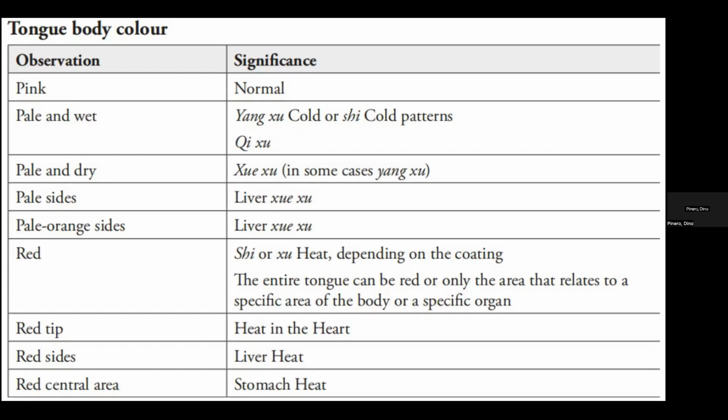Pag red yung color, we have excess or deficient heat depending on the coating. The entire tongue can be red or only the area that relates to a specific area of the body or a specific organ. Pag red naman yung tip, this indicates heat in the heart. Pag red yung sides, there could be a liver heat. Then pag red central area, we have a stomach heat.